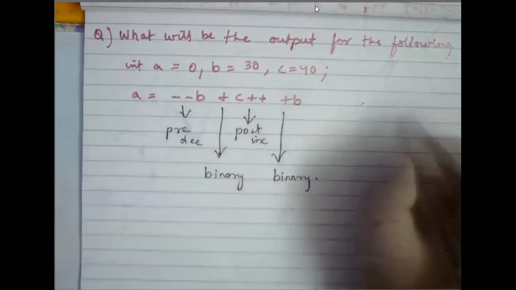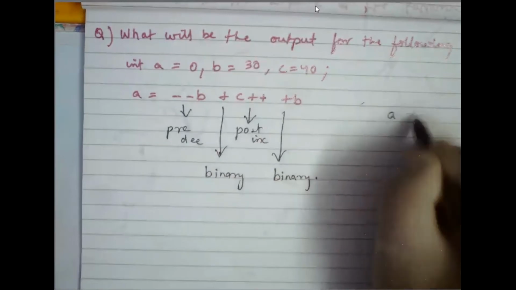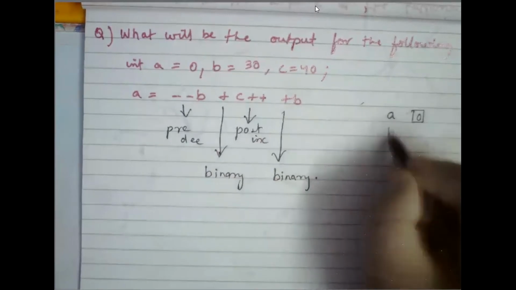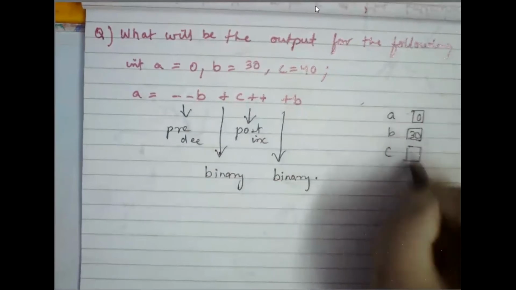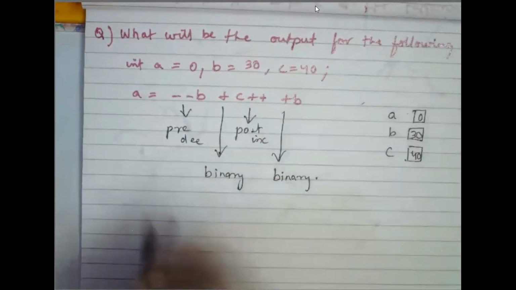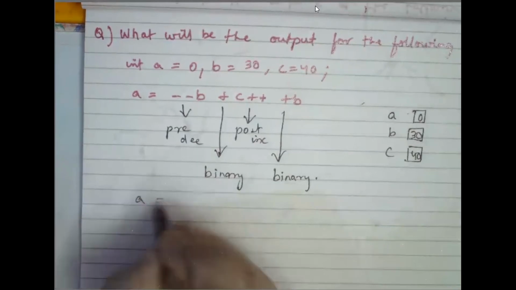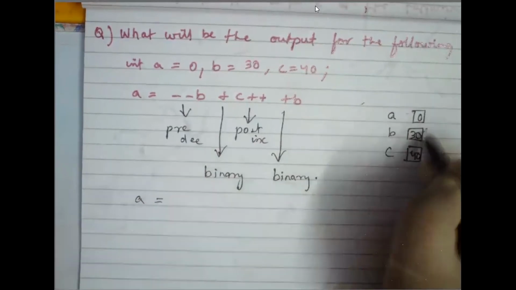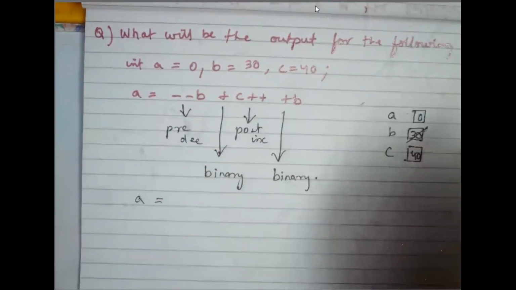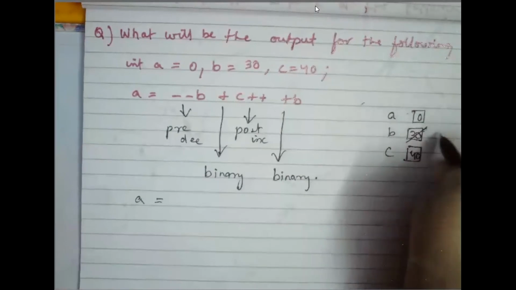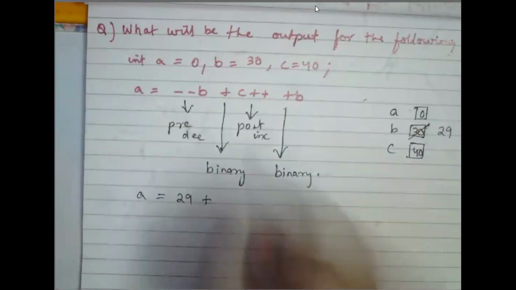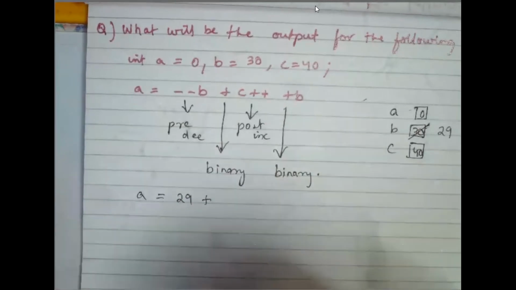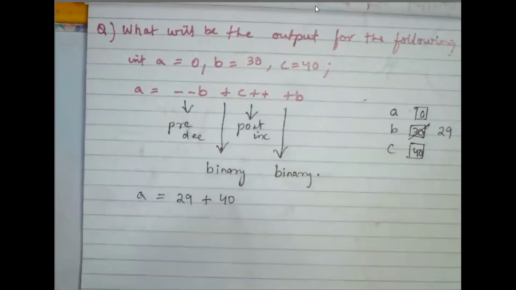So let's see. A's value will remain as 0. B's value will be 30. C's value is 40 in the memory location. So A equals minus minus B. First we will change it as per our concept, and this will be reduced to 29. So I'll get 29 plus C. It's post increment, so first use it. I'll directly use the value 40.